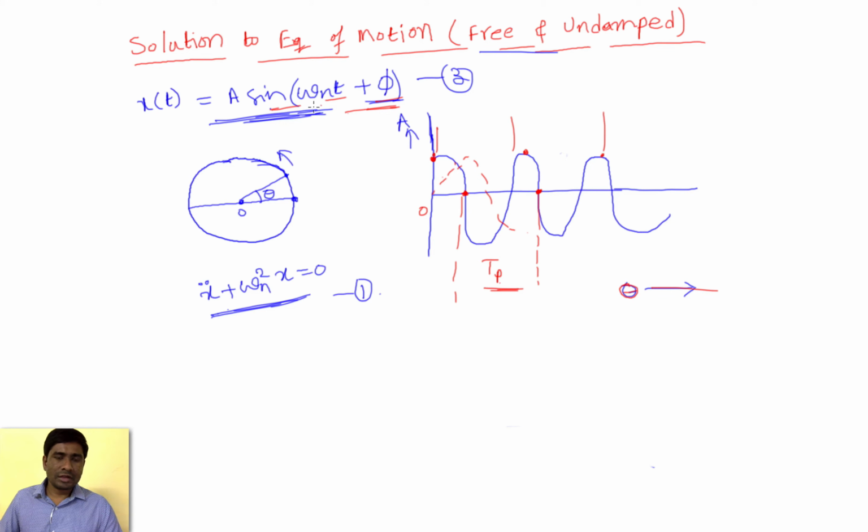Here the time period of sin theta is 2 pi, but the time period of sin omega theta, where theta means t, is 2 pi by omega. So the time period of this curve is 2 pi by omega n. Here we have omega n before our variable t, that's why we are dividing by omega n.